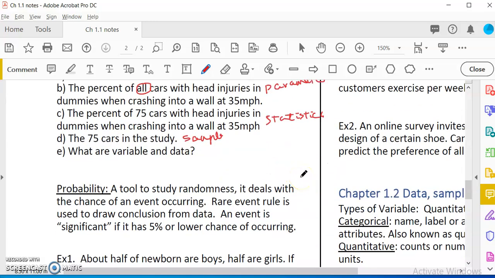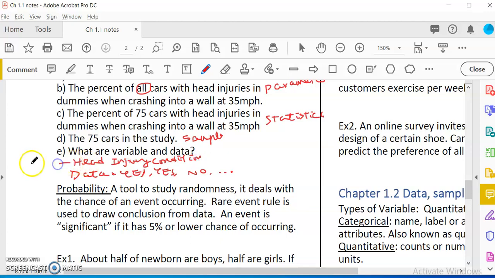So what data value are we collecting? I know the data values, right? The data values are yes, no, head injury, head injury, head injury. Oh, this car has no, etc. But what is the name? Head injury or not, right? Head injury condition, I would say injury condition, yes or no. So that is the name of the data.